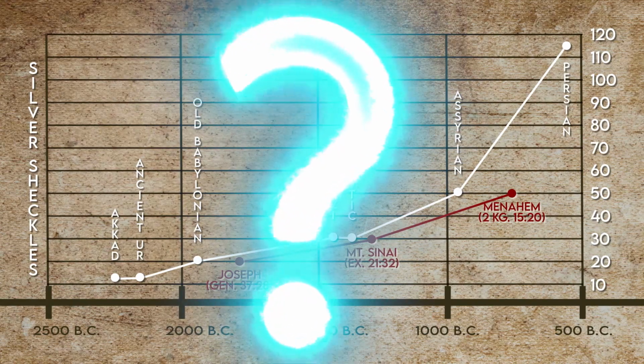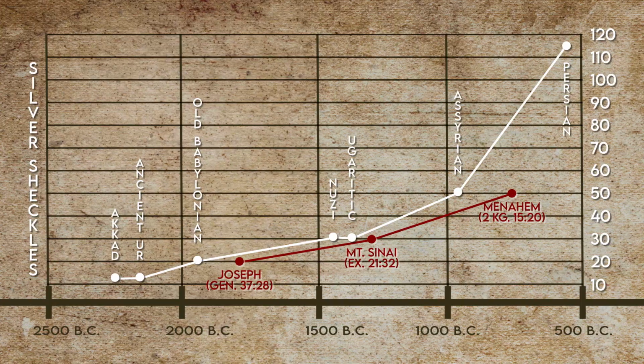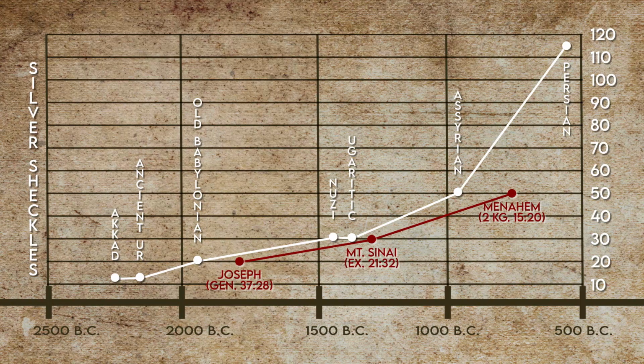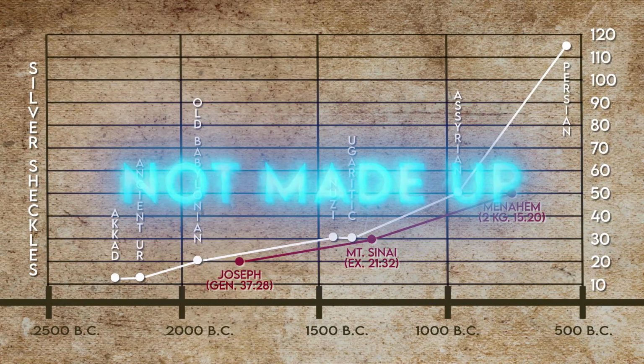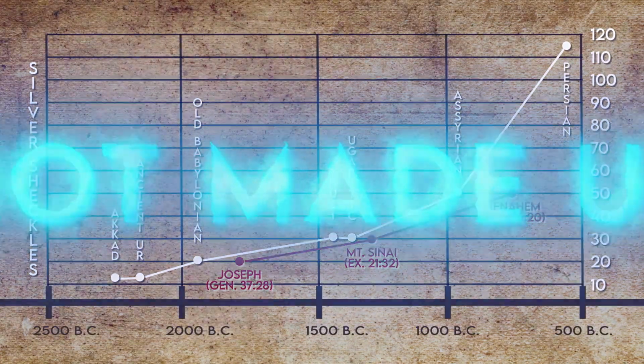And keep in mind, this goes way back to the early stories in the Bible that are attributed to Moses. These prices were not made up by later hypothetical Jewish writers. The obvious explanation is that the various biblical writers were simply using the prices of slaves as they knew it in their own day.